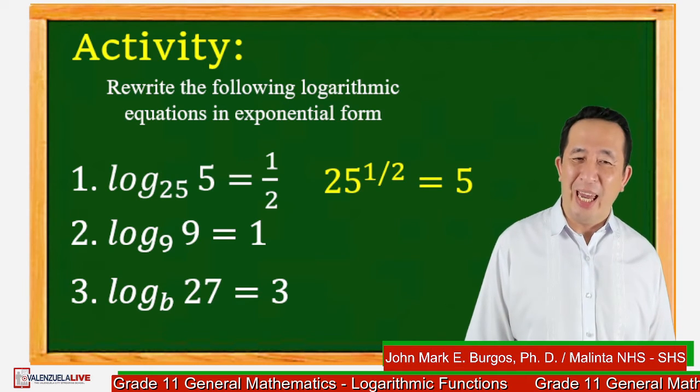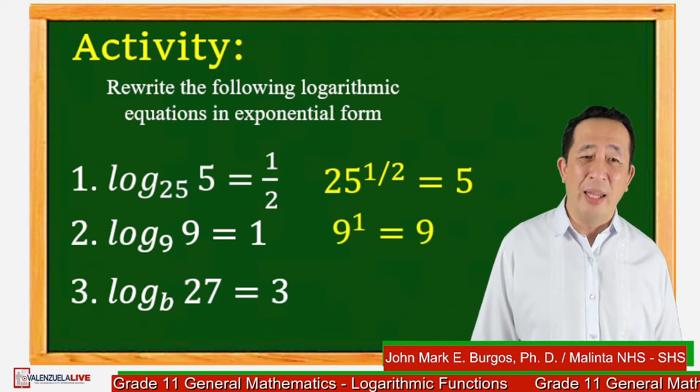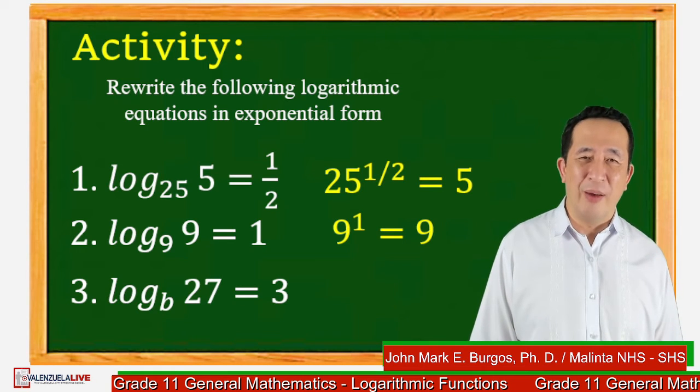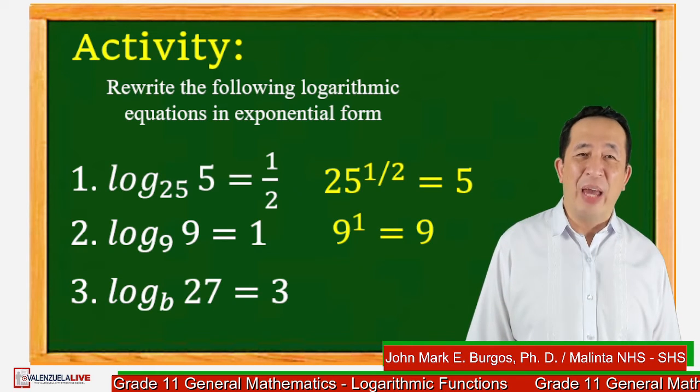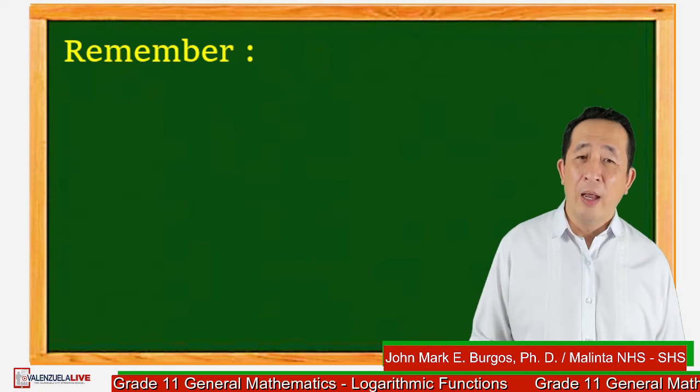The answer is 9 raised to the power of 1 is equal to 9. Number 3, logarithm of 27 with base b is equal to 3. The answer is b raised to the power of 3 is equal to 27.